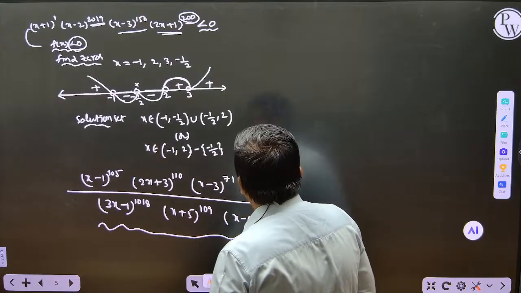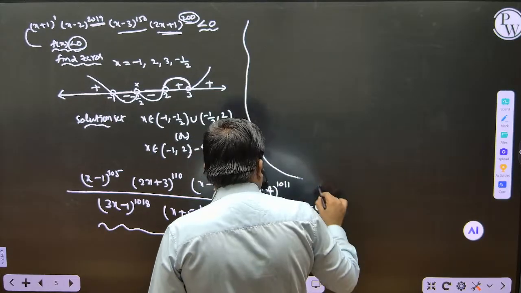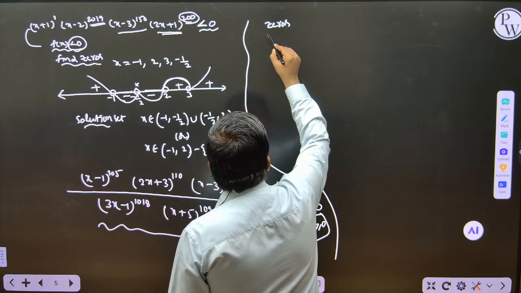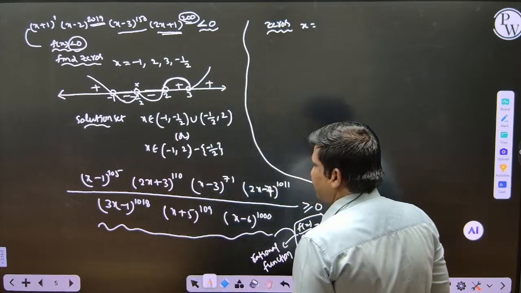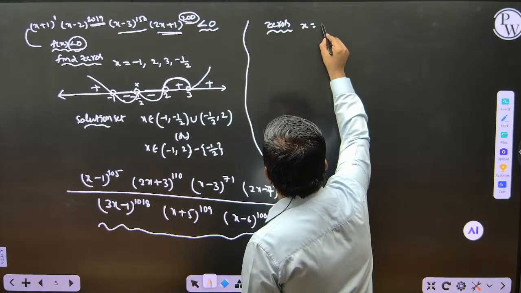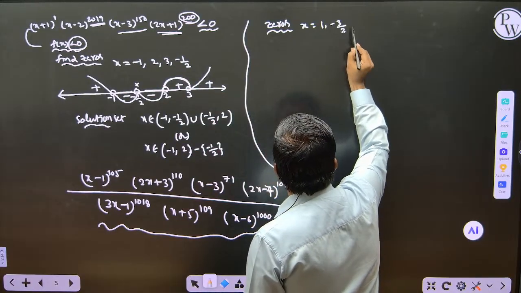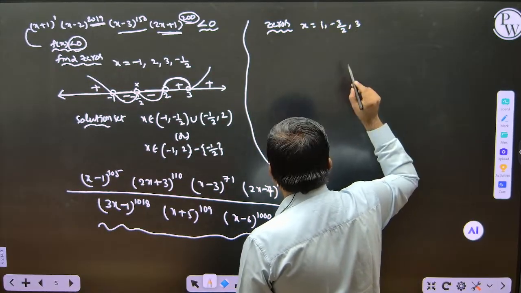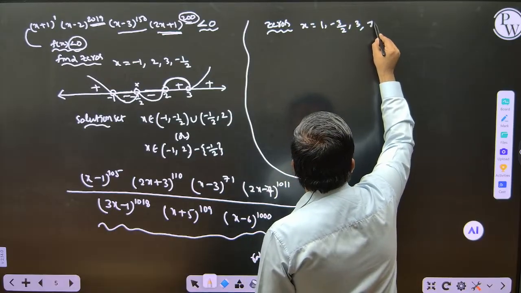So now what I have to do here is find the zeros first. How do you get the zeros? Numerator equal to 0. What are those zeros? 1, minus 3 by 2, 3, and 7 by 2.